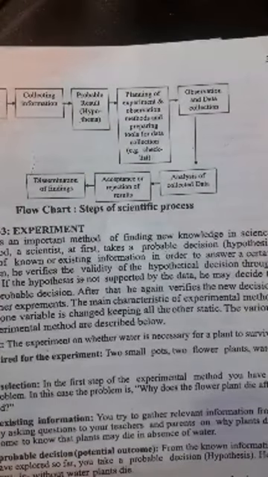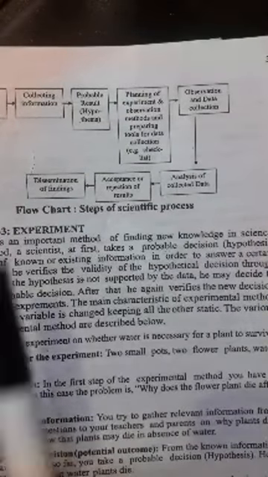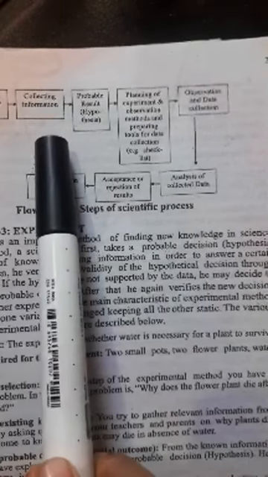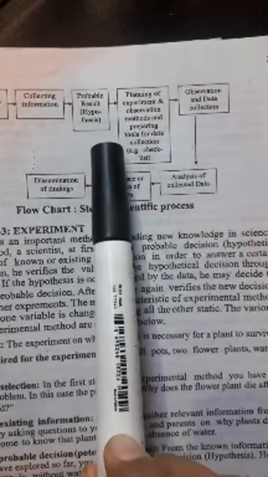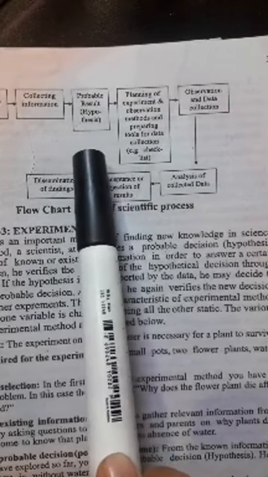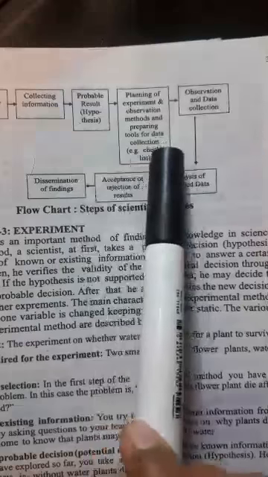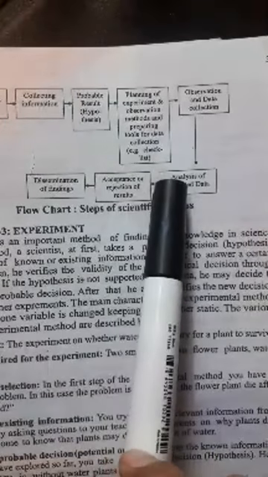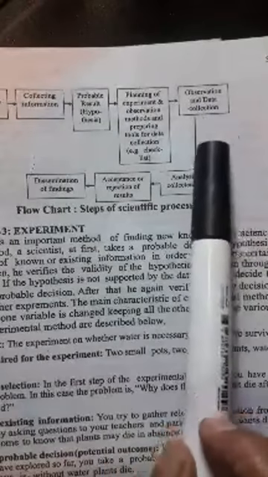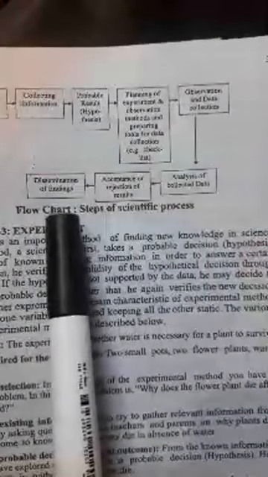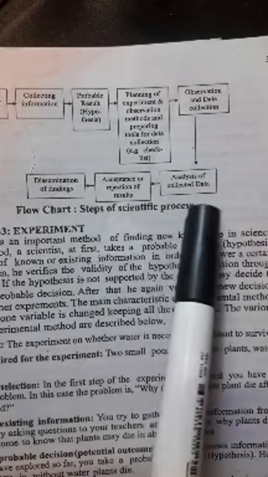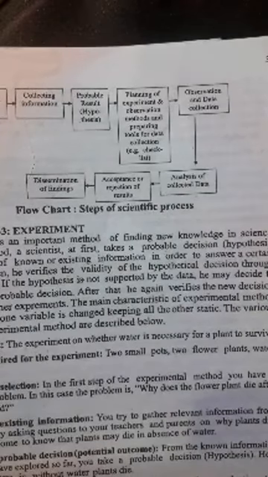So you see in the figure, scientific process: selecting question or problem, collecting information, probable result or hypothesis, planning of experiment and observation method, preparing tools for data collection, example, checklist, observation and data collection, dissemination of finding, acceptance or rejection of result, analysis of collected data.